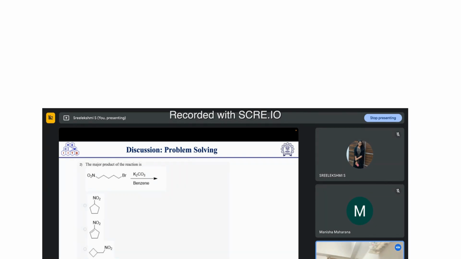Now moving to the next question, the major product of the reaction. So we are treating this compound, with one nitro group and one bromine, with K2CO3 in benzene. Which will be the major product?